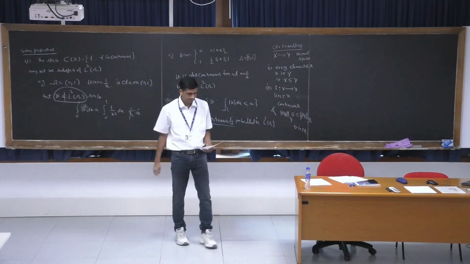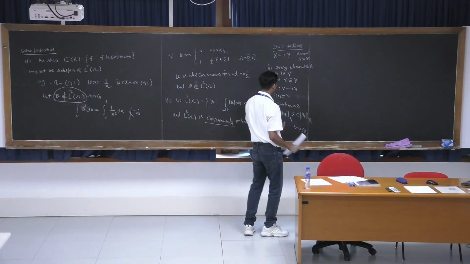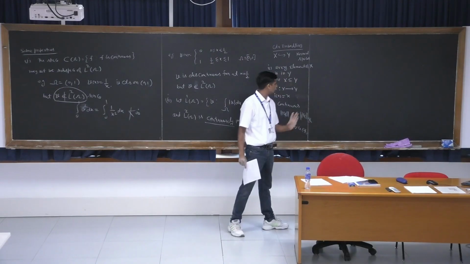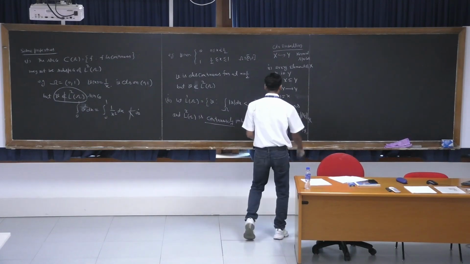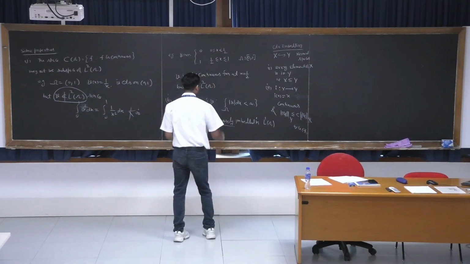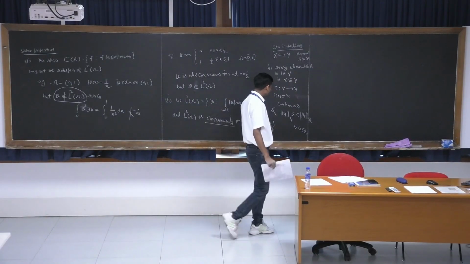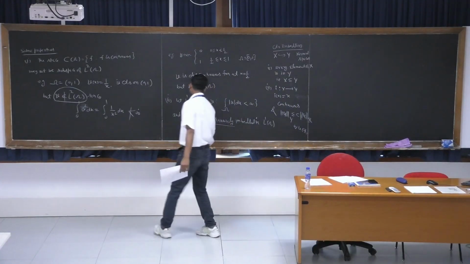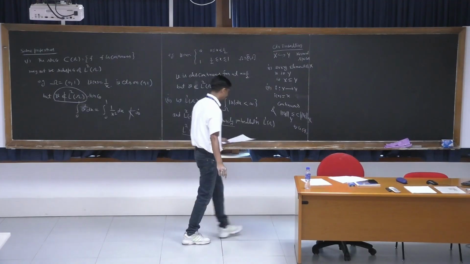So the norm of the element over Y is always less than or equal to C times the norm of u over X. So this means L2 is continuously embedded in L1 space. You can say that this L2 is in L1.